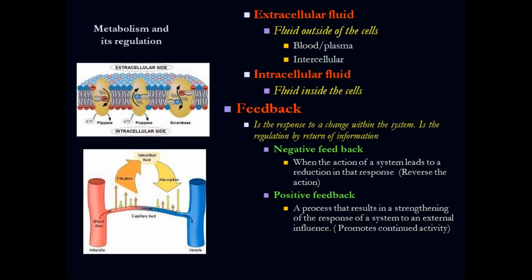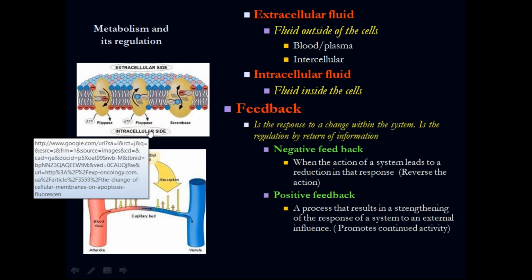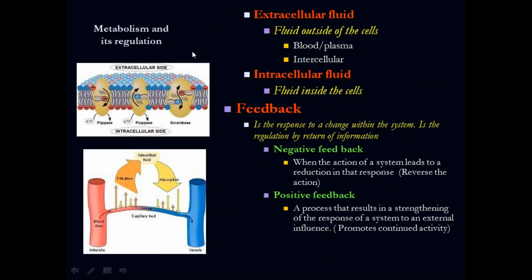Very important to remember about the extracellular and intracellular fluid. Intracellular fluid is where everything is inside, but extracellular fluid is everything that is outside the cell, and that includes the blood, plasma, and the fluid that is in between the cells.